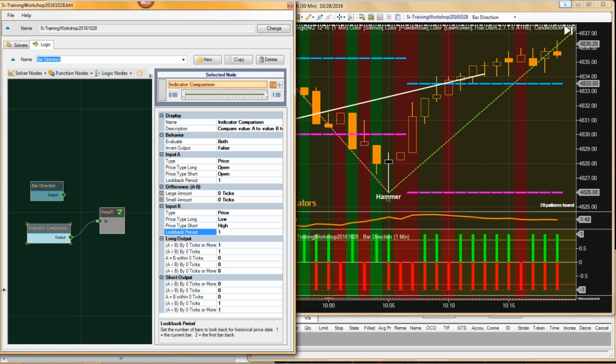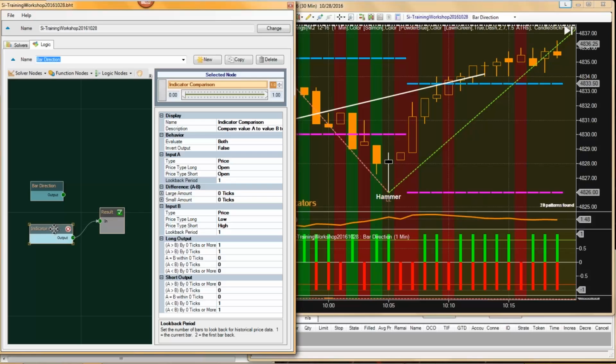And a lower low than the open, so we want the low to be less than the open. Basically, we want a low wick. And a high that equals the close. Okay, sure.